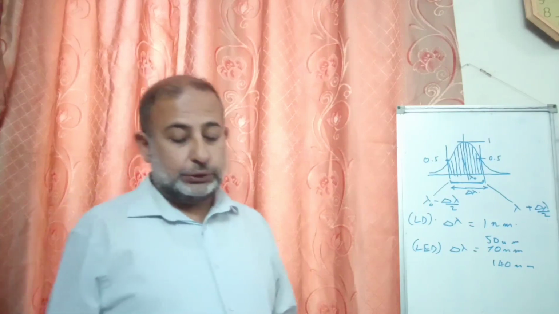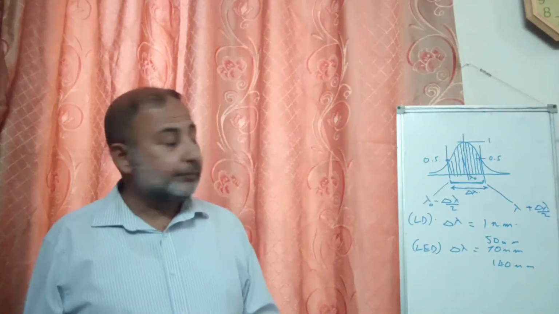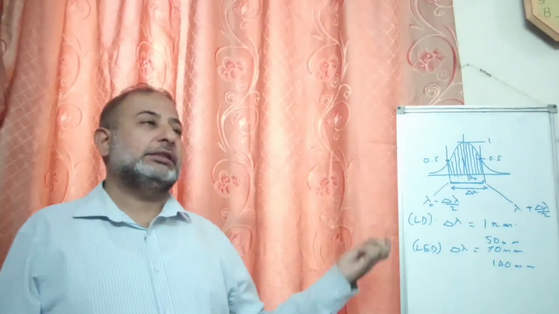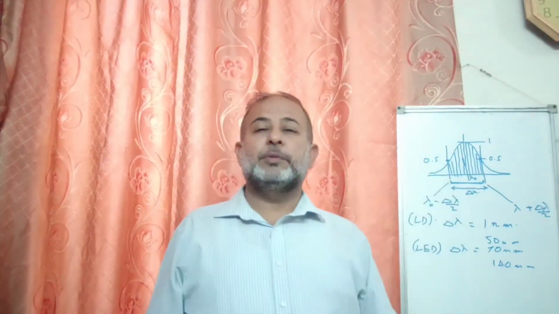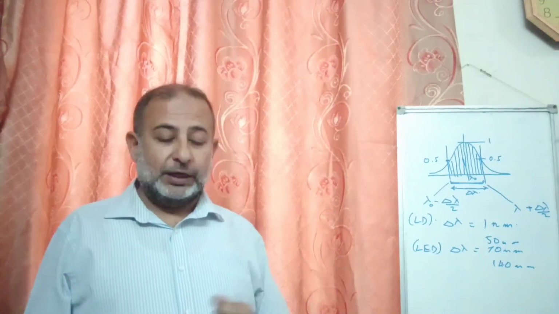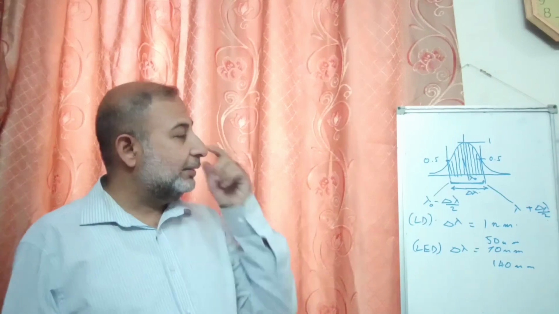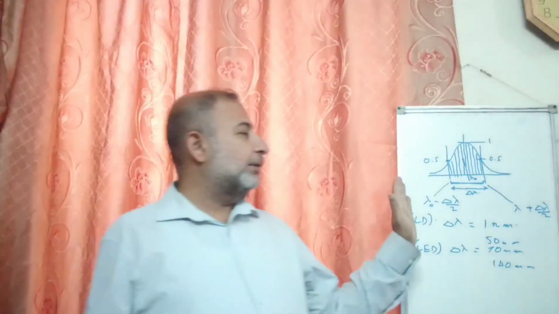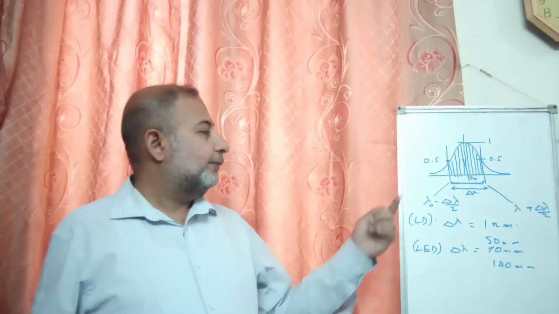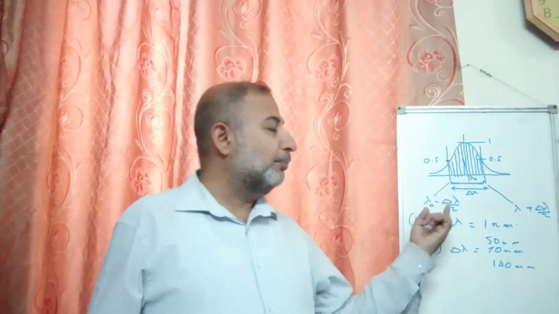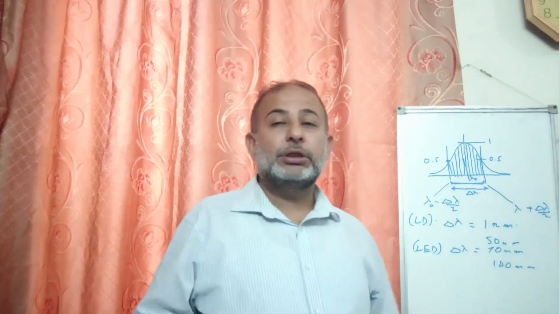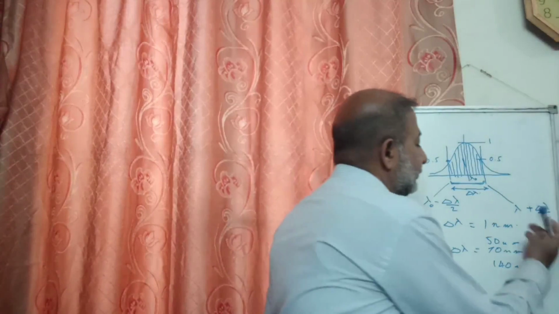So it shows clearly that when such a light travels through the optical fiber, it goes through the core of the fiber. What happens is that a range of frequencies pass through it, starting from lambda naught minus delta lambda by 2 to lambda naught plus delta lambda by 2.